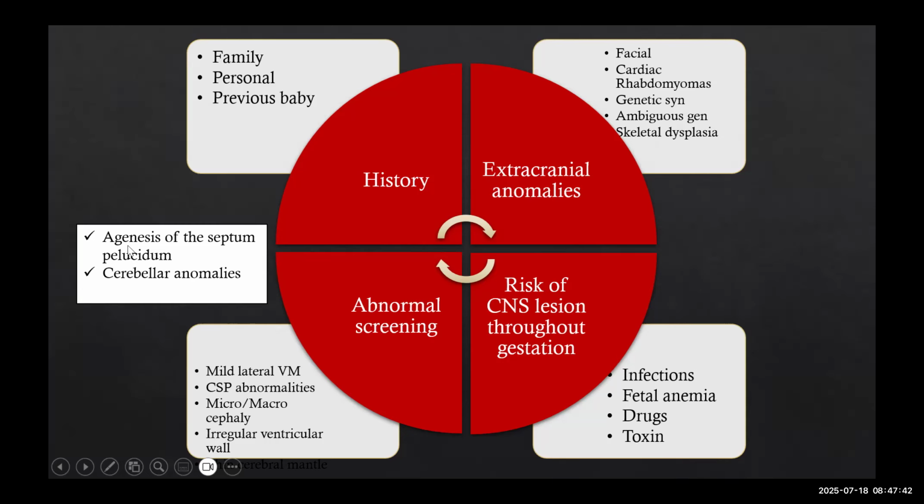Agenesis of the septum pellucidum and cerebellar abnormalities also prompt us to look for detailed neurosonography. And these are certain risk factors of CNS lesions which can last throughout the gestation, like infections, fetal anemia due to TTTS or TAPS, and any drug ingestion or toxins.